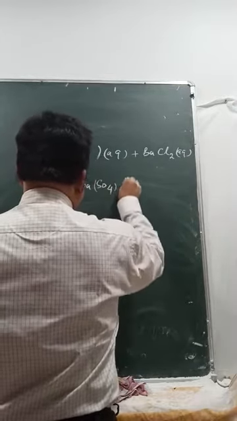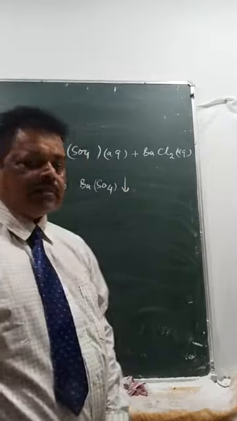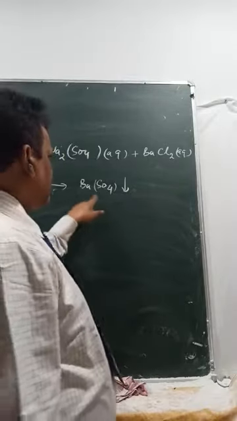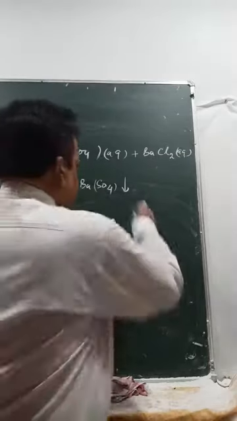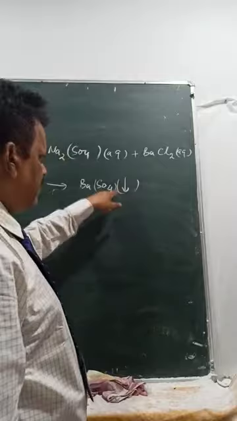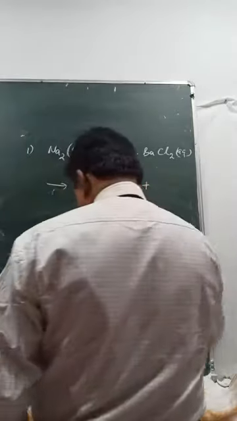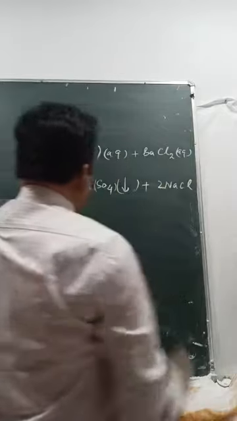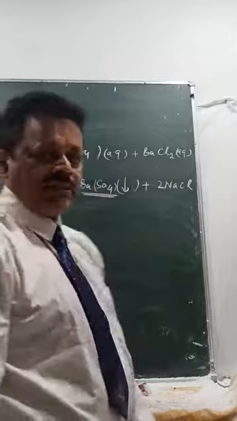This barium sulfate is solid which settles in the reaction, in the bottle here, which is insoluble. This is the symbol of precipitate, which settles in the reaction. Then what else is formed here? Barium sulfate and sodium chloride. You can check, this is not balanced, I think you can do it. The solid which is settled here is precipitate.